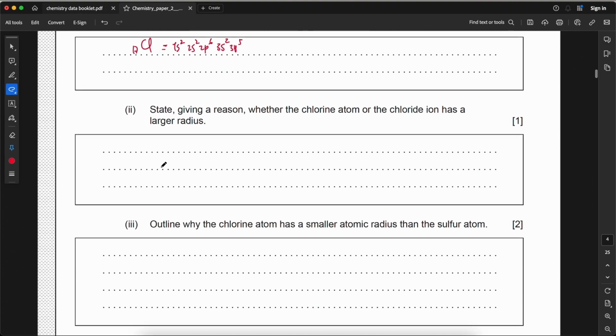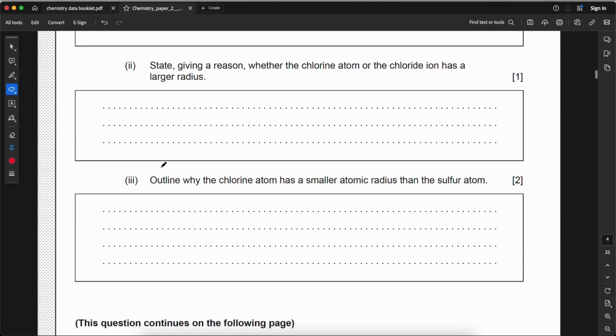State, giving a reason, whether the chlorine atom or the chloride ion has a larger radius. Chloride ion, Cl minus, the number of electrons becomes 18. But the chlorine atom has 17 electrons.